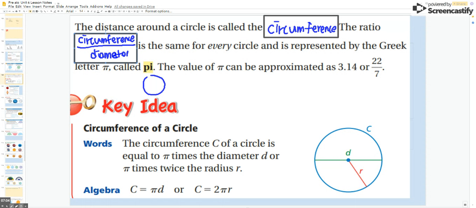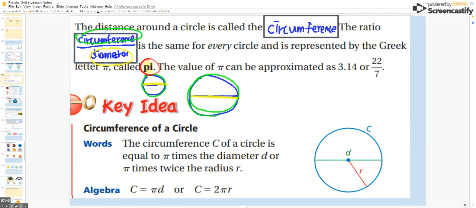If you have a small circle or a large circle, any size of circle, if you compare the circumference, which is green, to the diameter, which is yellow, they measured this with rulers and found the same ratio when you divide circumference by the diameter. So that number is called pi.